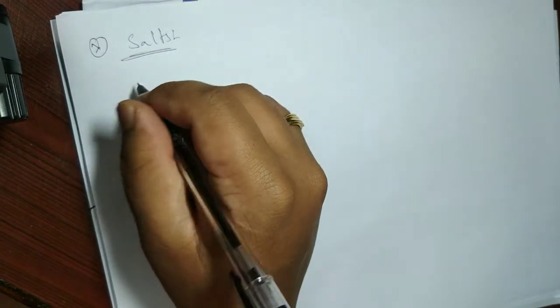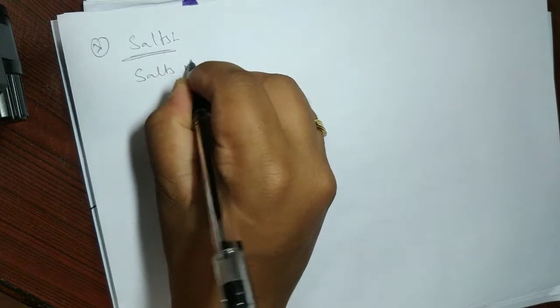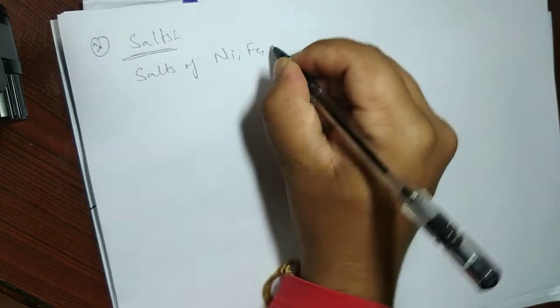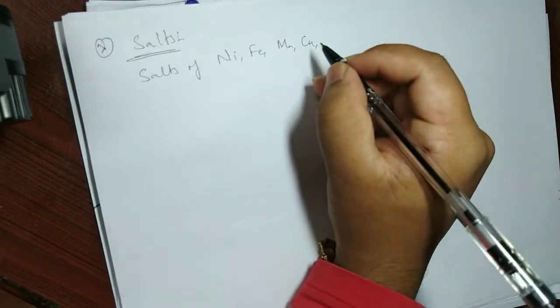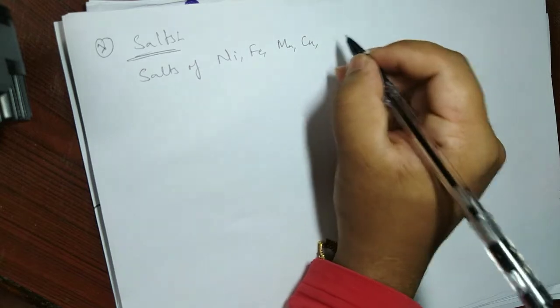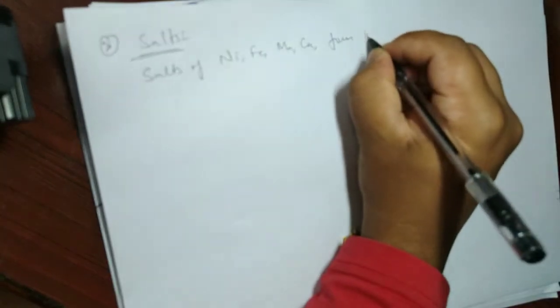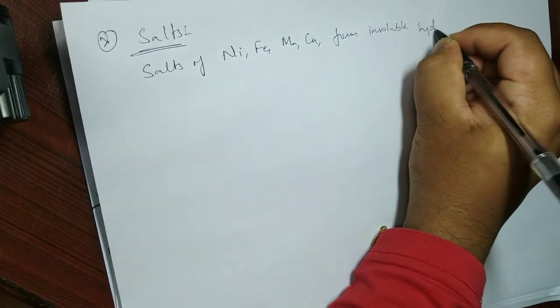Salts of nickel, then iron and manganese, copper, then somewhat zinc, they form insoluble hydroxides.